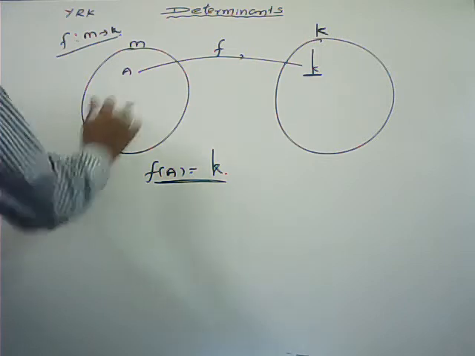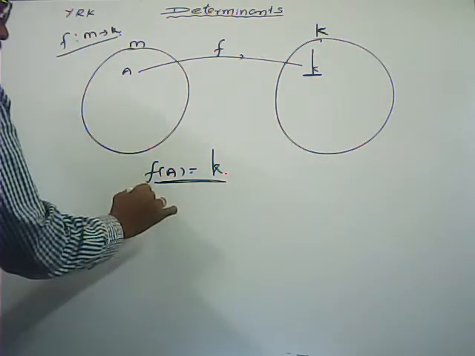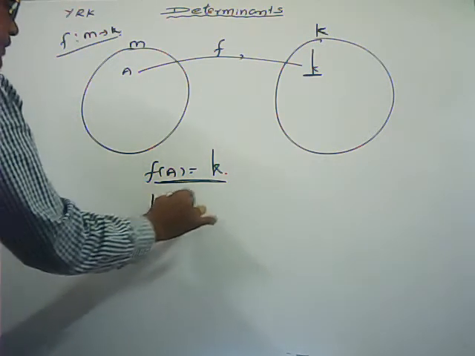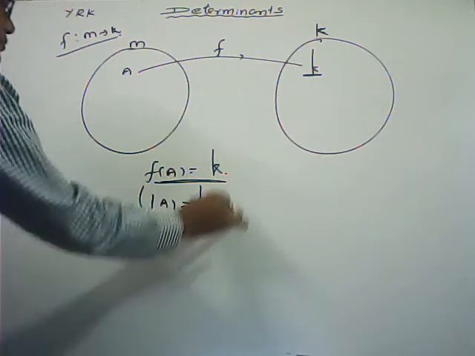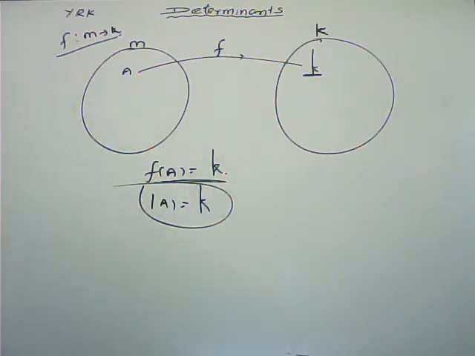We represent it as determinant of A is equal to K. Sometimes two or more square matrices are associated to the same real or complex value, so we say this is a many to one function.